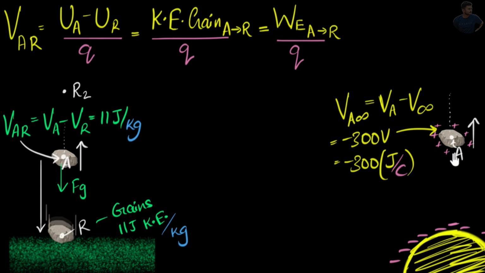And the same thing would apply here as well. If you want to calculate how much potential you have at this point, figure out how much work is done by the electric force. In this case, the electric force is downwards, but you move it all the way to infinity, so you have to move it in the opposite direction. So this is the electric force. And in doing that, figure out how much work is done. Now you might say, hey, but infinite distance means, is it infinite work?